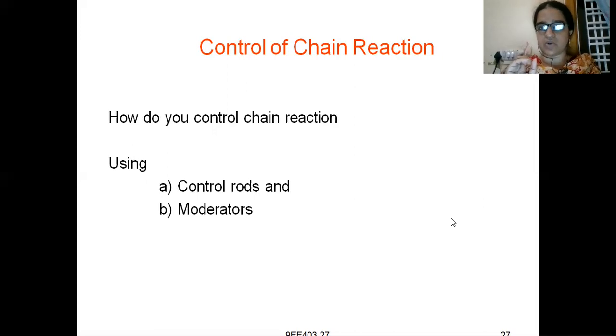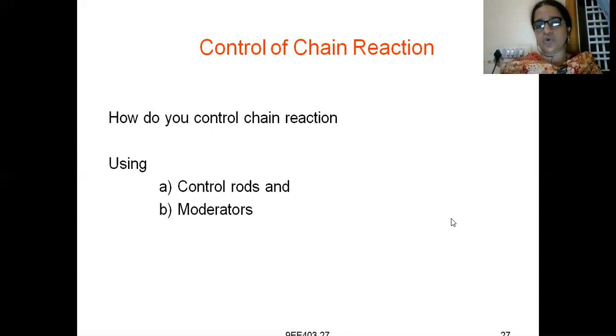Both are designed for controlling the chain reaction, but they serve different purposes. Let us study moderators and control rods, which help in controlling the chain reaction. If we are unable to control it, more and more energy will get released, and it will explode like a nuclear bomb.